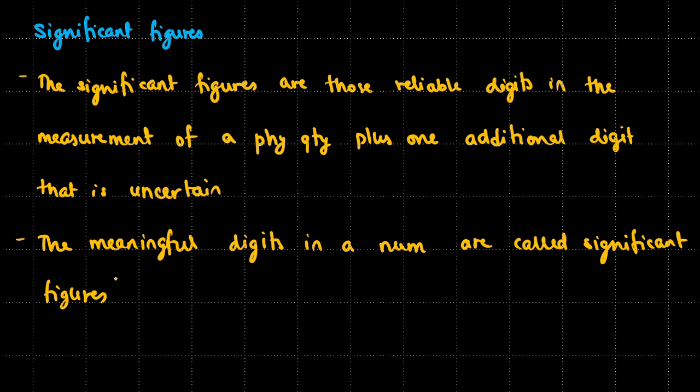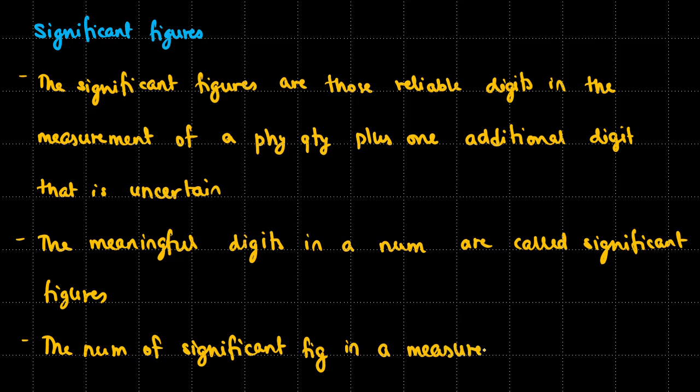And finally, the last point that we're going to talk about is the number of significant figures in a measurement depends upon the precision limit of the instrument.